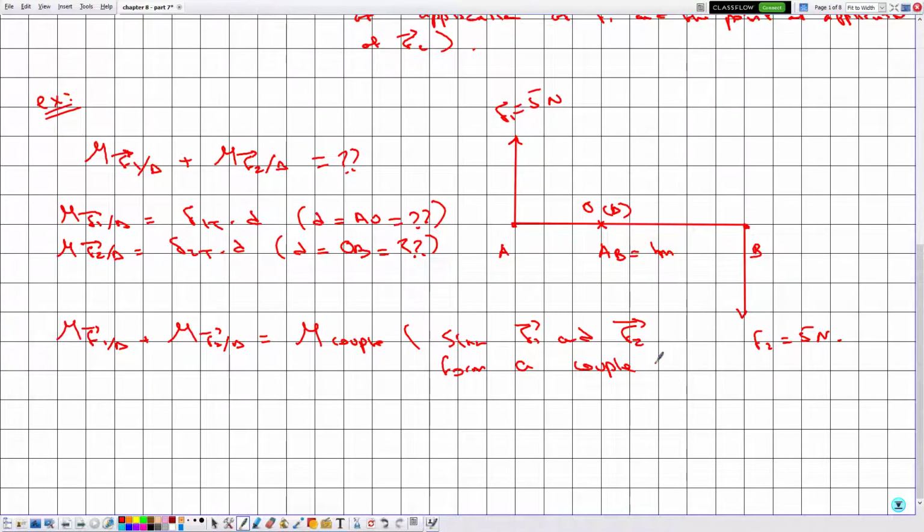Why? Because they have same line of action, opposite direction, and same magnitude.